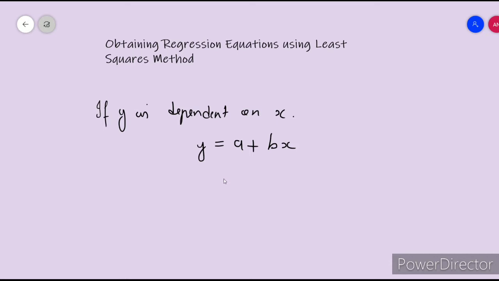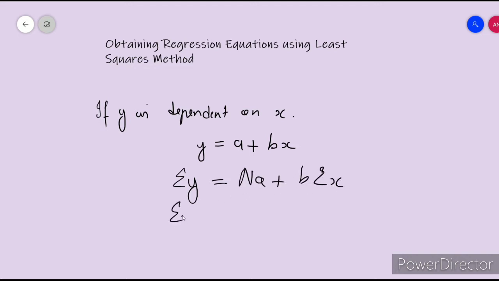We will get those values of a and b, which give us this equation and which satisfy the least squares principle, when we solve for a and b using these normal equations.